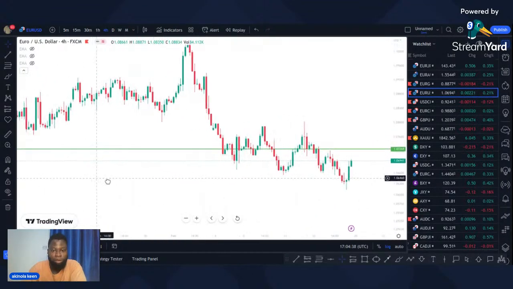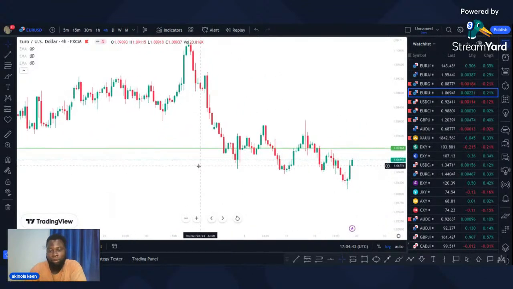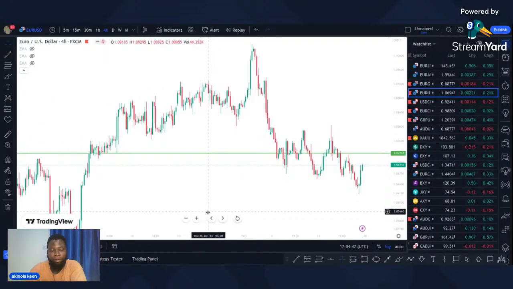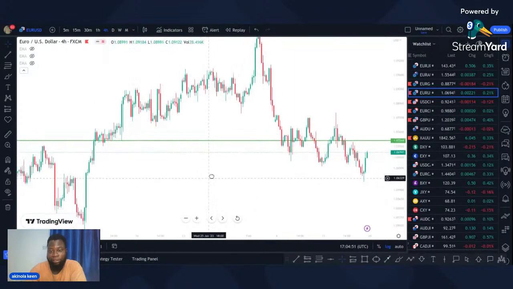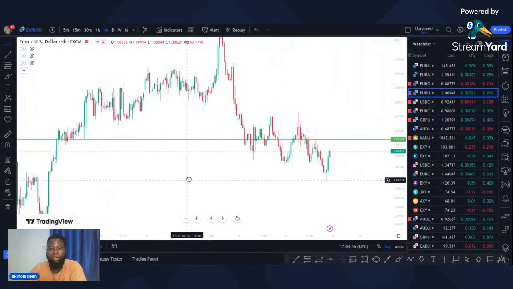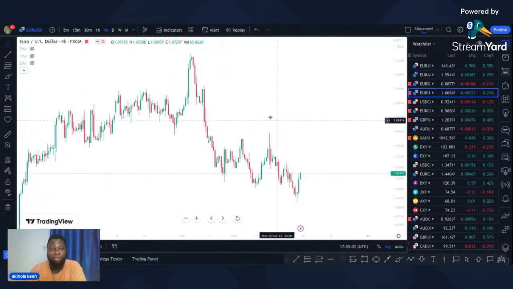It is well known that for the past few days the euro has been strengthening against the US dollar, like the euro is overpowering the US dollar. We don't know if this is going to continue or if we are going to have something new.